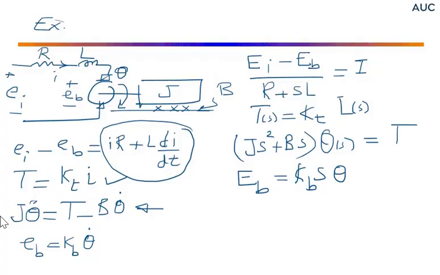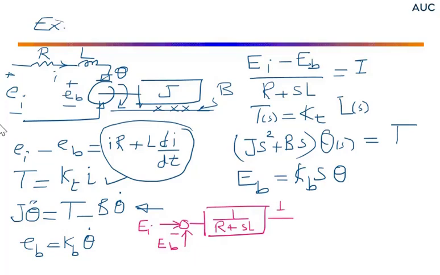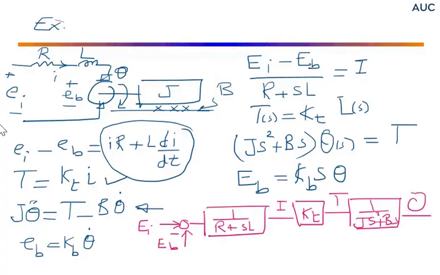I can have a block diagram to represent that. So the first equation would be with input Ei minus the back EMF Eb, that multiplied by 1 over R plus sL gives the current, multiplied by Kt, that will give the torque, and if I multiply that by 1 over Js squared plus Bs, that will give me theta.